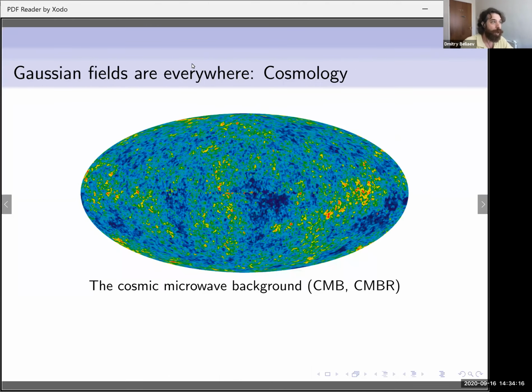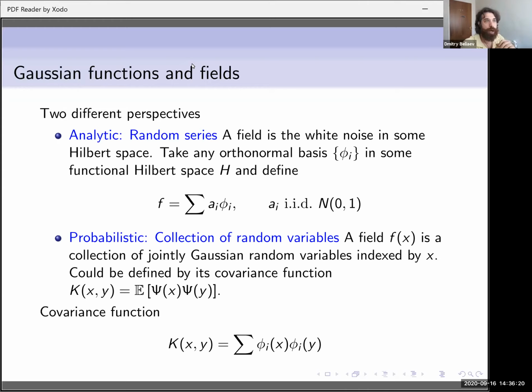Now, what are Gaussian fields? There are two ways to think about them. One way is analytic. You take any collection of linearly independent functions and declare them to be an orthonormal basis in some Hilbert space.